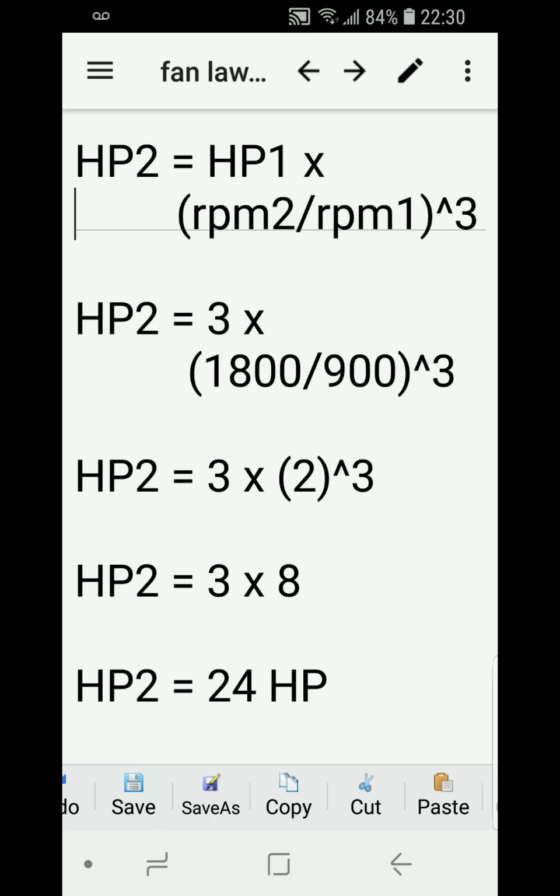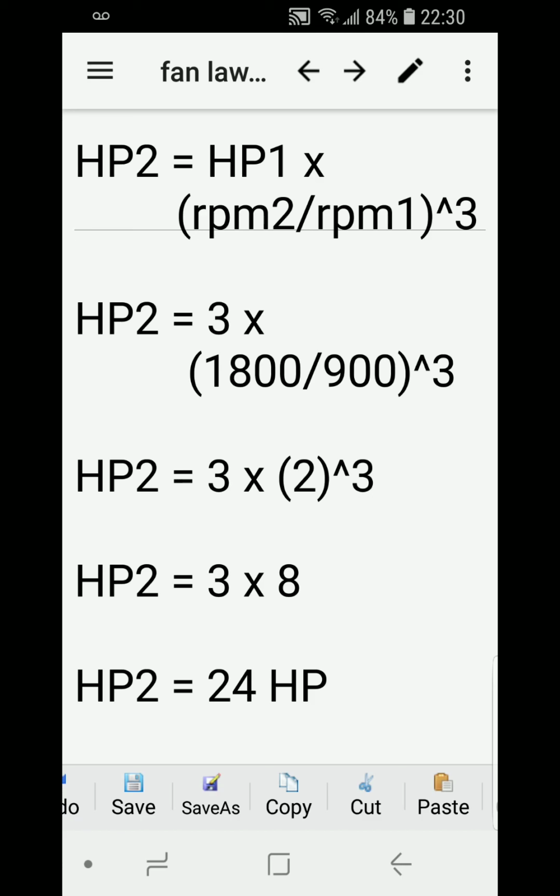Horsepower 2 is equal to 3 times 2 cubed. Horsepower 2 then becomes 3 times 8, and horsepower 2 is equal to 24.